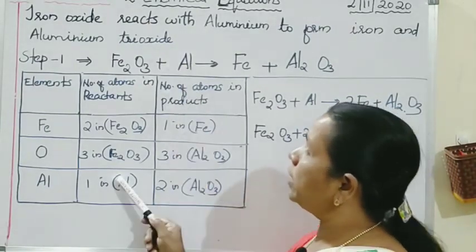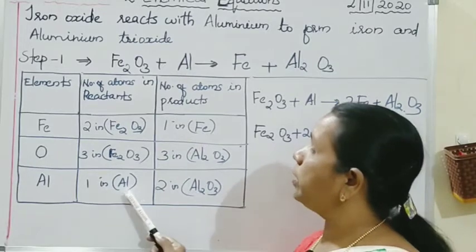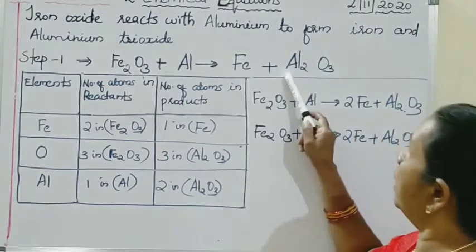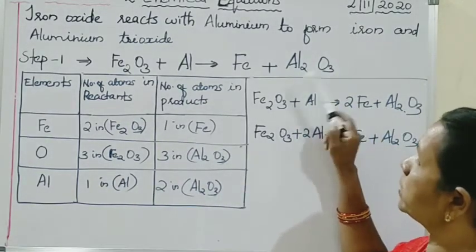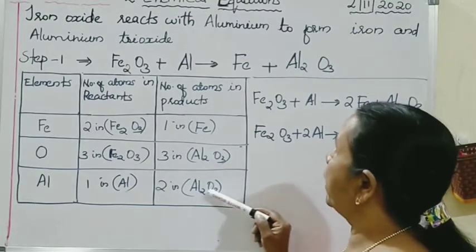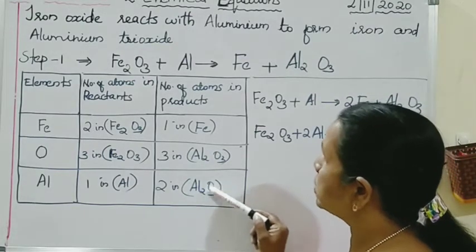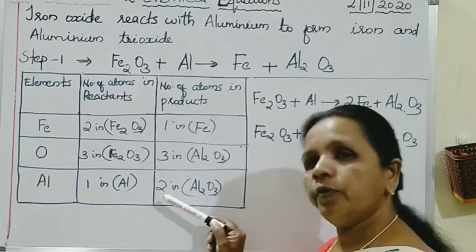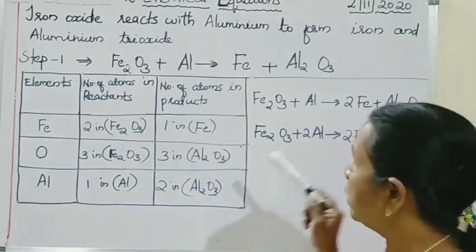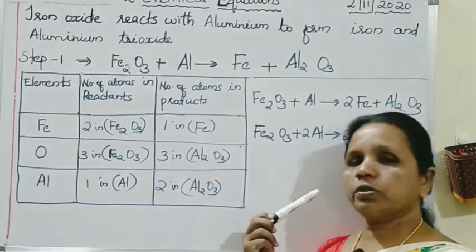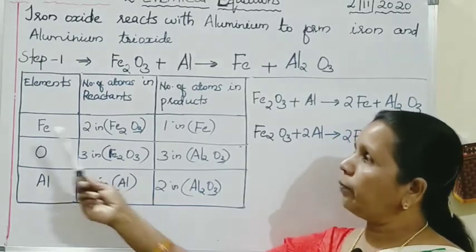Aluminium is 1 on the LHS, the reactant side. On the RHS, the product side, how many are there? 2 in Al2O3. Al2 means 2 atoms of aluminium, and O3 means 3 atoms of oxygen. Comparison understood?